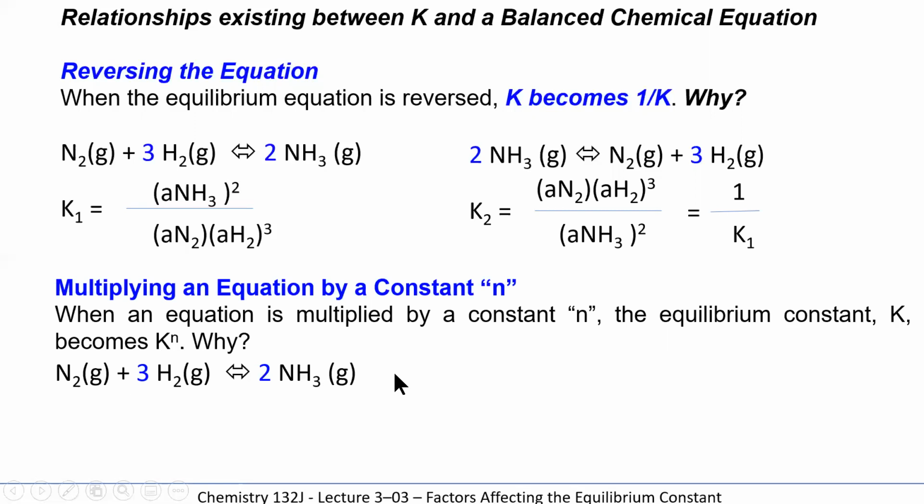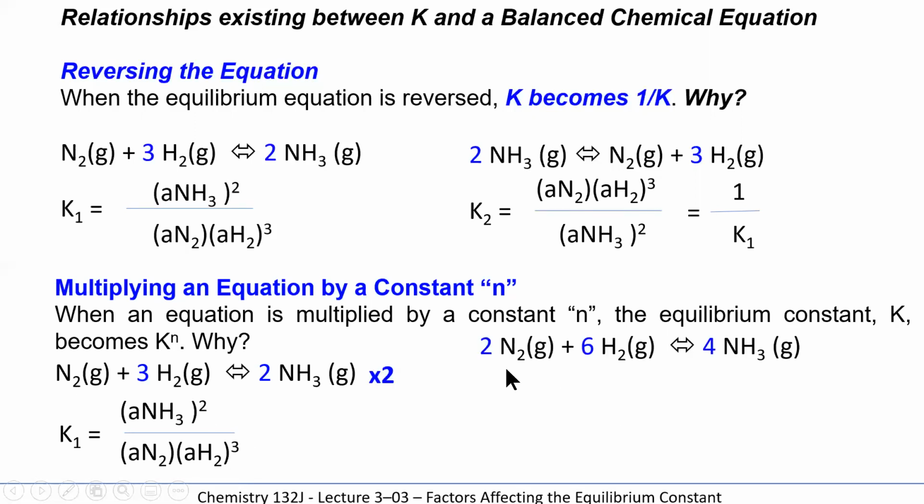So again, for the same equilibrium involving nitrogen, hydrogen, and ammonia, K1 is equal to that expression. Now, if we double it, we end up with 2N2 plus 6H2 producing 4 NH3. Now, when we write our K2 value, we can see that the exponent will be 4 in the numerator, divided by nitrogen to the power of 2, divided by hydrogen to the power of 6.